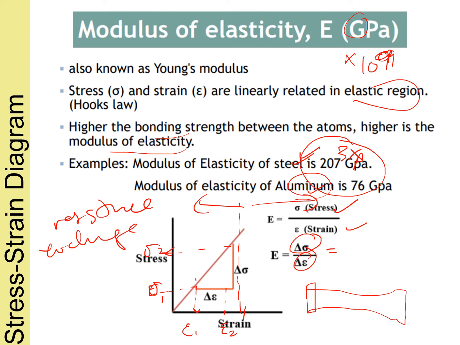So the modulus is stress 2 minus stress 1, divided by strain 2 minus strain 1, the change of stress and the change of strain, in order to calculate the modulus of elasticity.